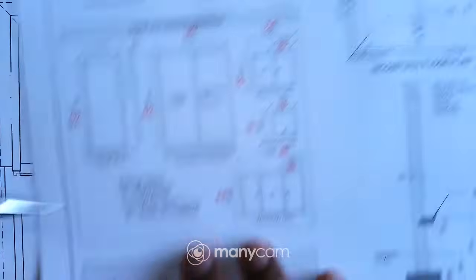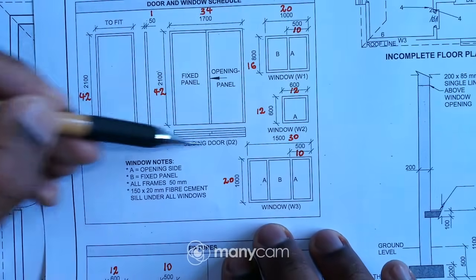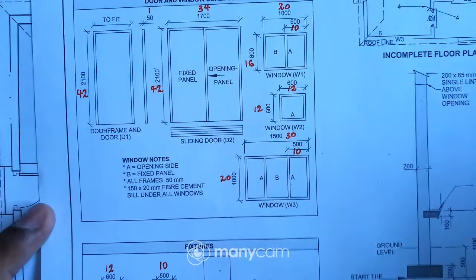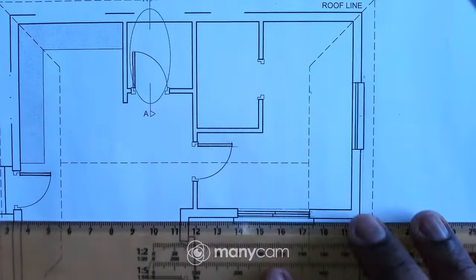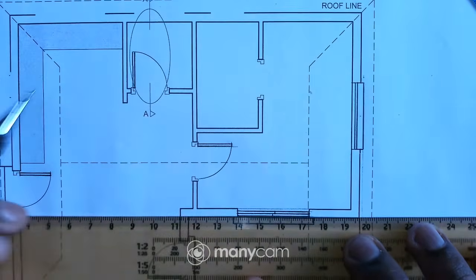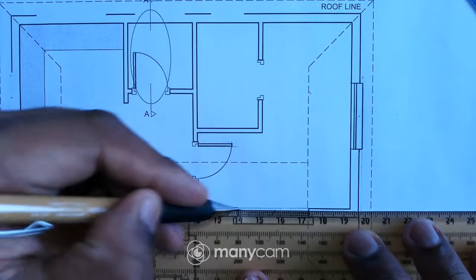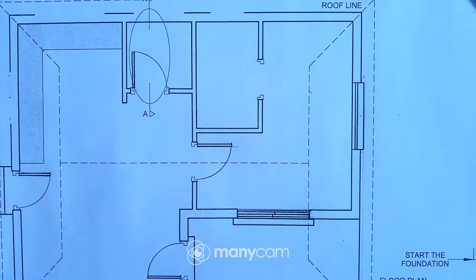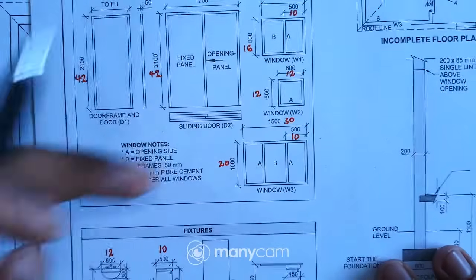So this detail I'm trying to draw, this is the sliding door. So as given, I'll just add a line as well there and right over there. Okay, so this is my complete sliding door. So this is the sliding door.